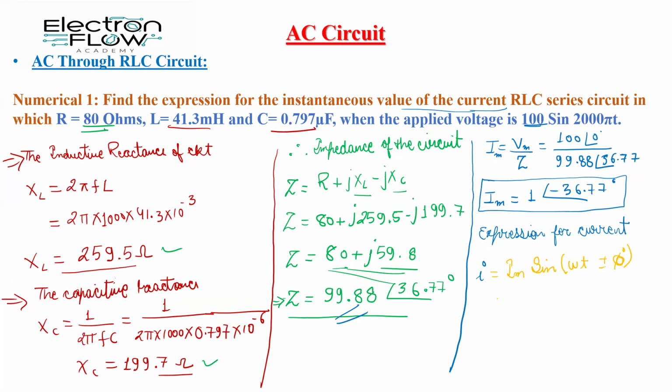This is the standard format, so let's put in the values. The maximum value Im is 1, and omega t is the source value, 2000 pi t.